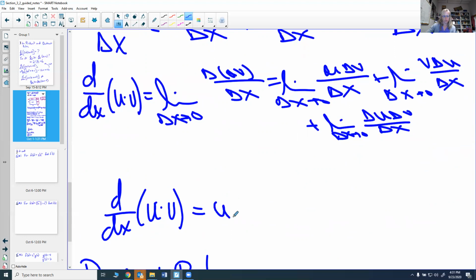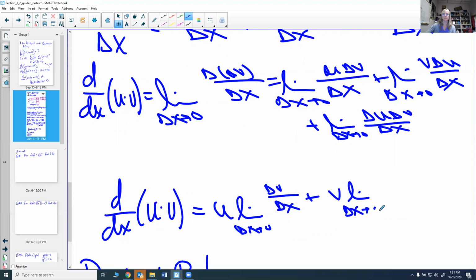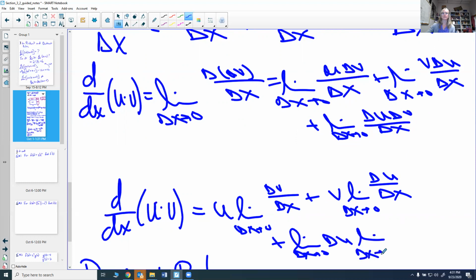We have U times the limit as delta X goes to 0 of delta V over delta X, plus V times the limit as delta X goes to 0 of delta U over delta X, plus, now let's see what we can do with this. We have a product, so we could take the limit as delta X goes to 0, and we could separate this fraction up. This is going to be delta U times the limit as delta X goes to 0 of delta V over delta X.